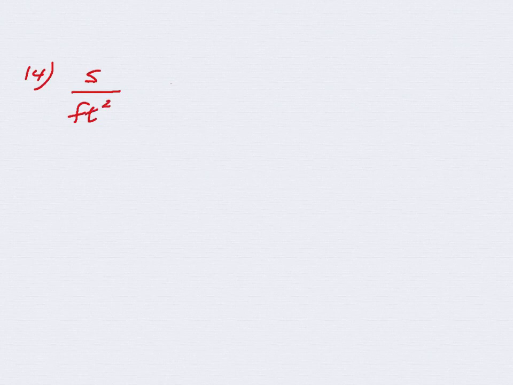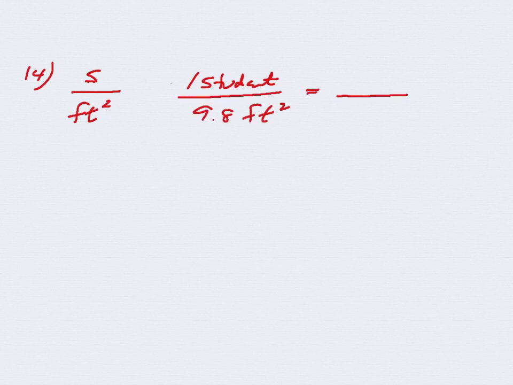Start up our first half, which is kind of like your little law, which says 1 student requires 9.8 square feet. So how many square feet would you need for 31 students?